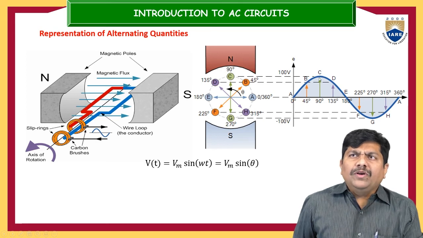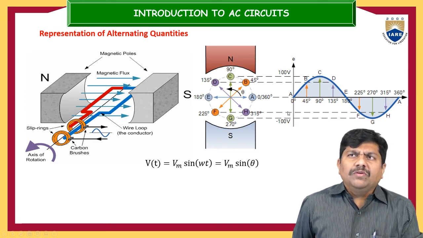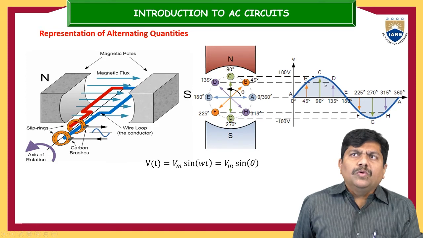So finally the voltage, the induced EMF, or the instantaneous voltage, is generated across the two terminals of this conducting system in a sinusoidal fashion. At 0 degrees the voltage is 0, and whenever it moves to point C, the vertically upward direction, you can see maximum voltage is induced in the conducting system.